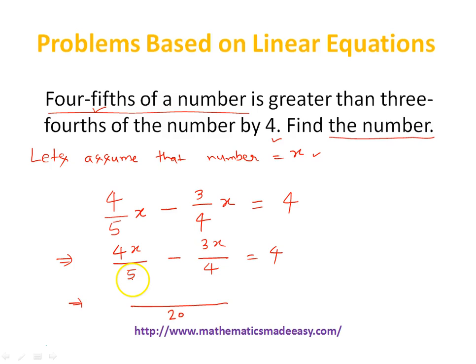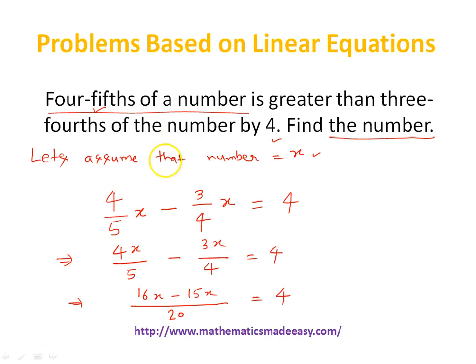So let's simplify it. 5 4s are 20 and 4 4s are 16, so 16x minus, 4 5s are 20 and 5 3s are 15, 15x, equal to 4. We will simplify it more. 16x minus 15x would be 1x upon 20 equal to 4.